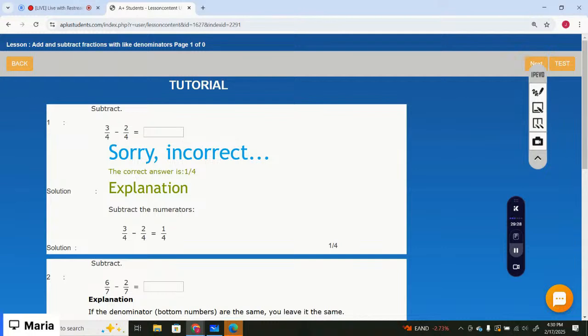Three by four minus two by four, which is the correct option?